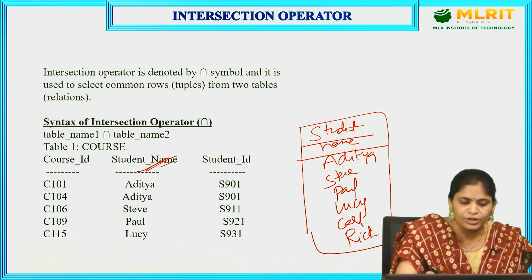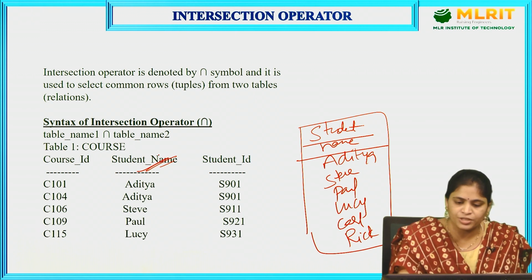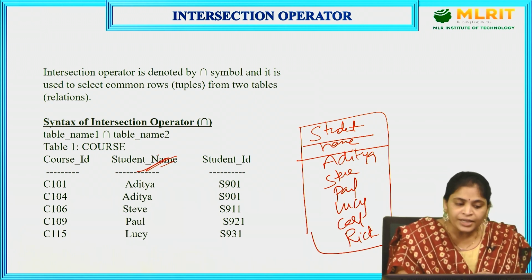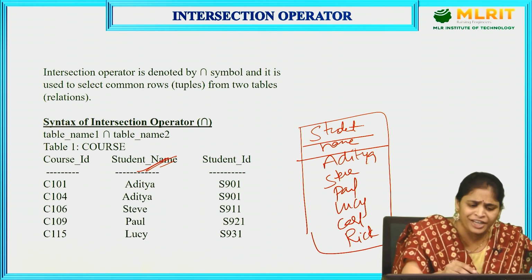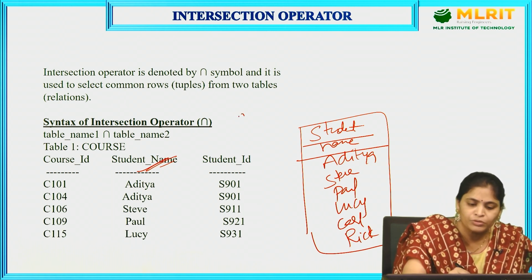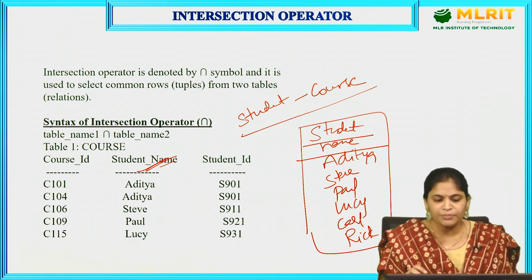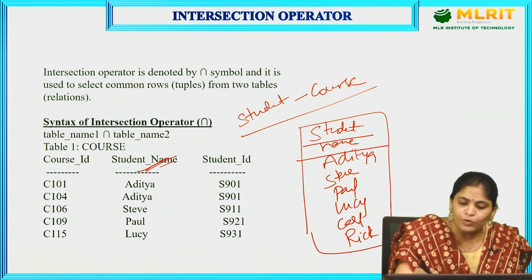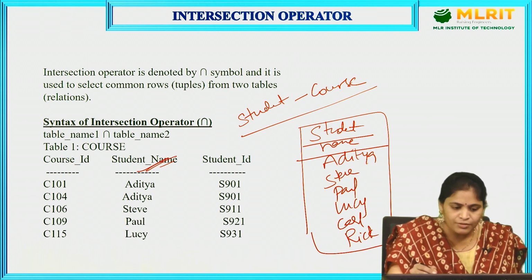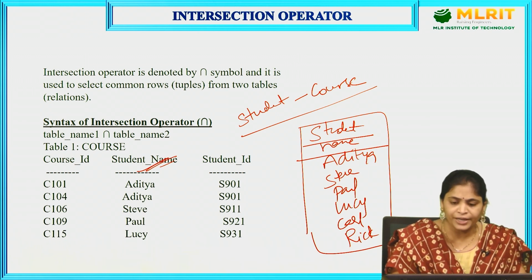This is my student table. This is my course table. Here, for example, student minus course means I am going to remove these names from this one.